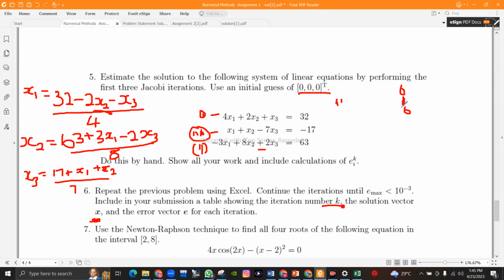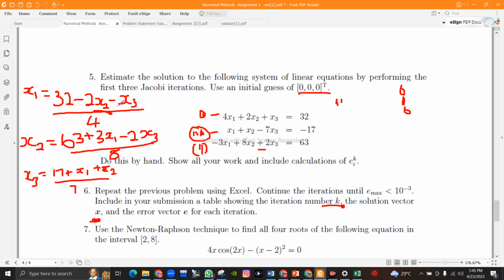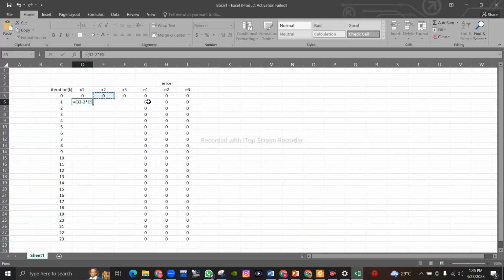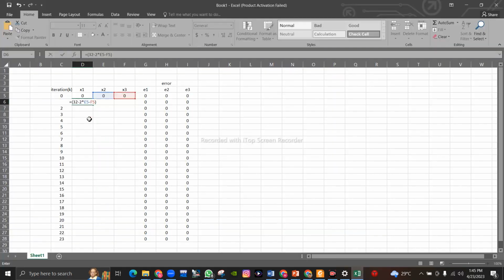It's the initial guess. I'm clicking on it to bring E5. Then minus x3, which is also this previous value, I'll click on it, then close brackets, then divided by 4. I'm going to calculate it, and if you notice, we got 8.